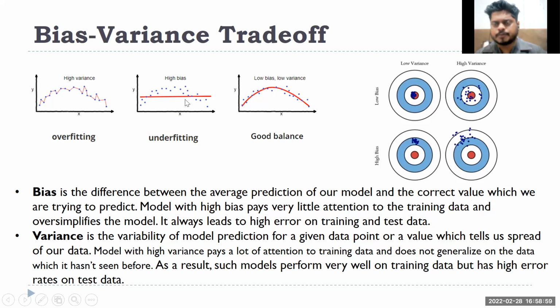Think about your class performance. If I take only one parameter, your performance in class 10th or class 12th, and try to predict your performance in MBA, then for maybe 10 or 20 out of 350 students I will be able to make a good prediction, but for others it will not be good because I have taken a very simplistic model.